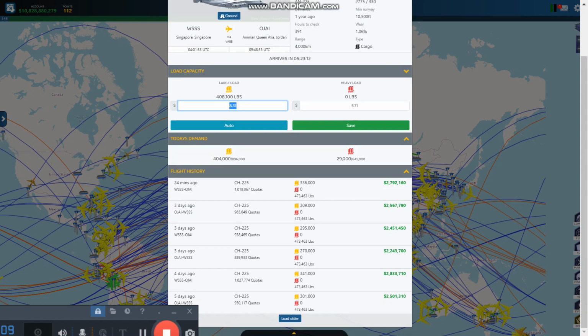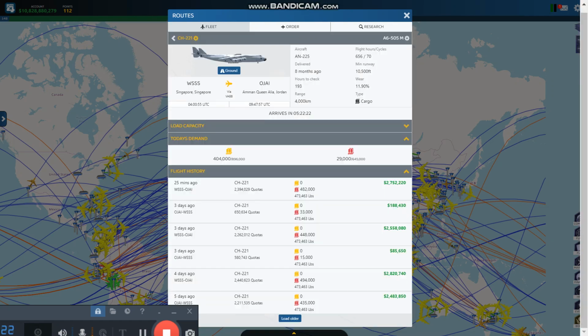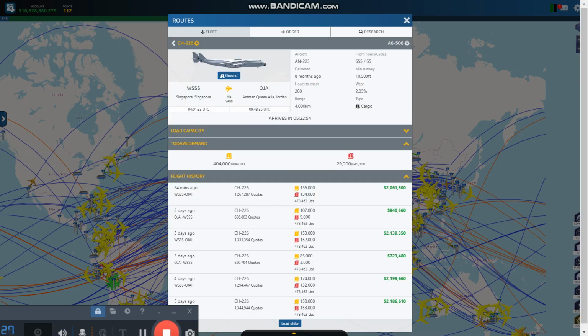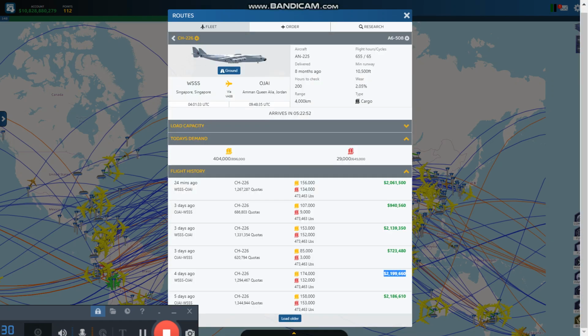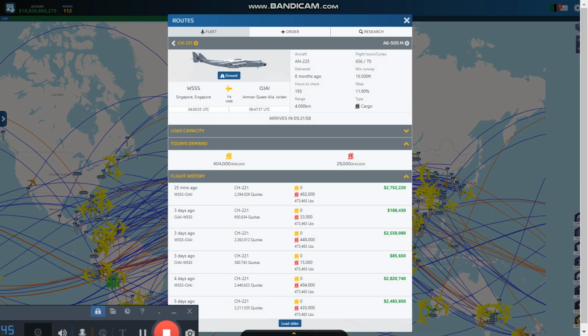So basically, if you got the 2.8 and that being the highest value, over here 2.8, they're about equal. And over here 2.1, which was probably the same day and the same route. That would say that the large load and the heavy load is about equal on the larger aircraft.